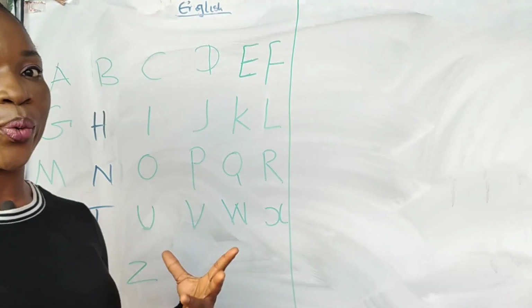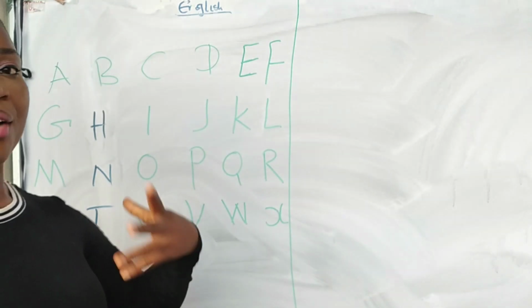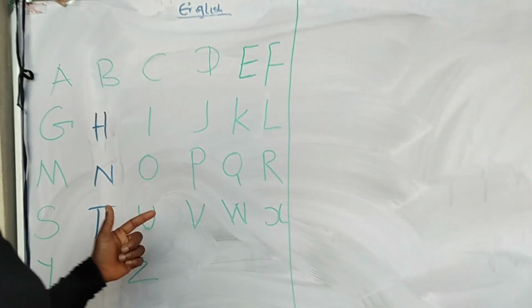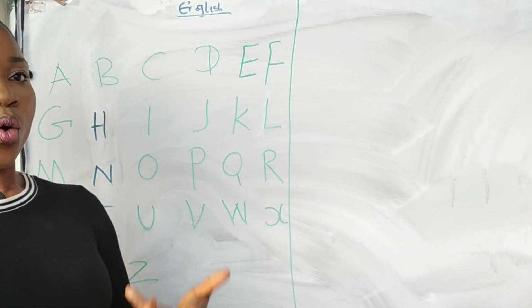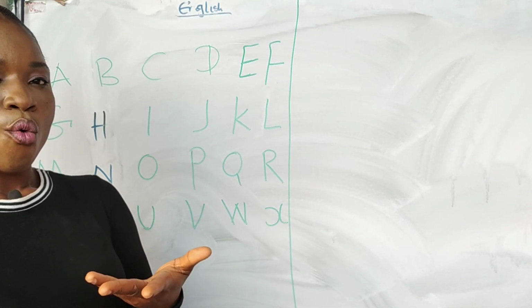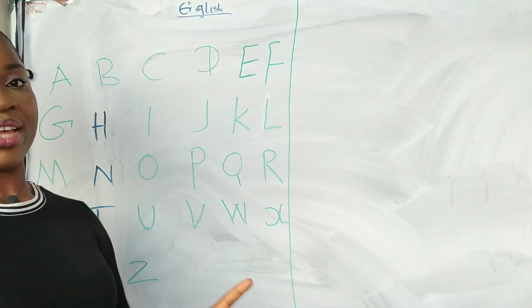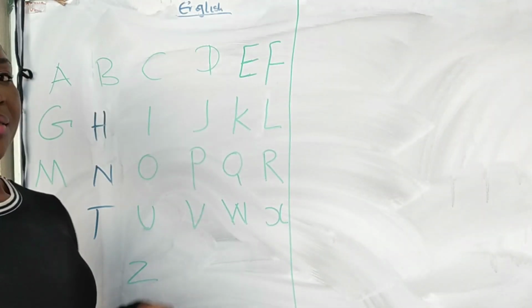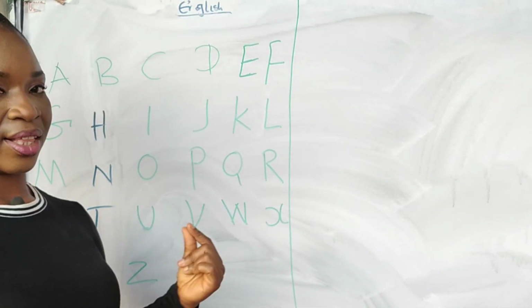We have U and U. So we have this as U, united, Uruguay. We have the V and the V sound. We have V, victory, V, vector.